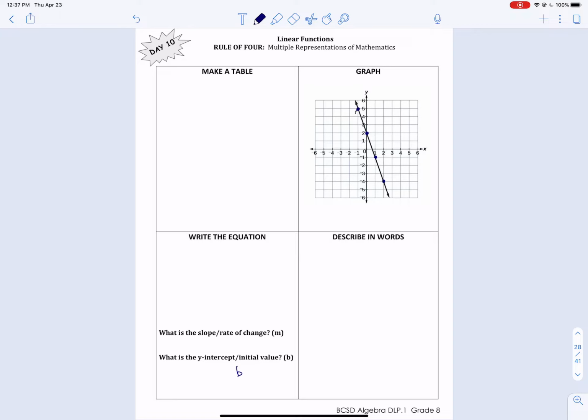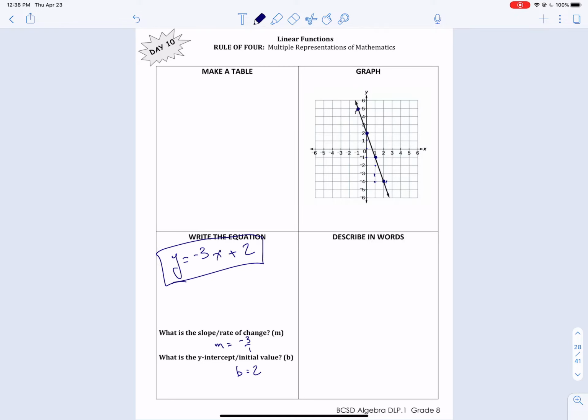So b is 2. The slope, we're going down 3 over 1. So slope is -3 over 1. And then you can write your equation from there. So slope is -3 over 1, or just -3, x plus 2.